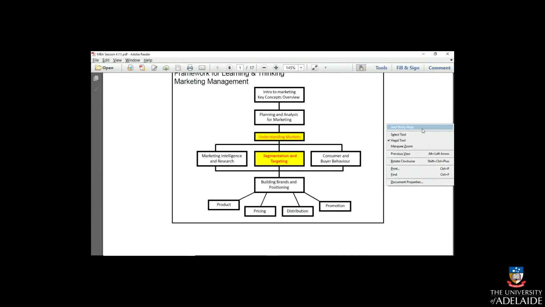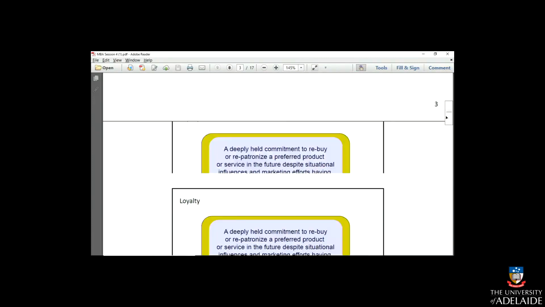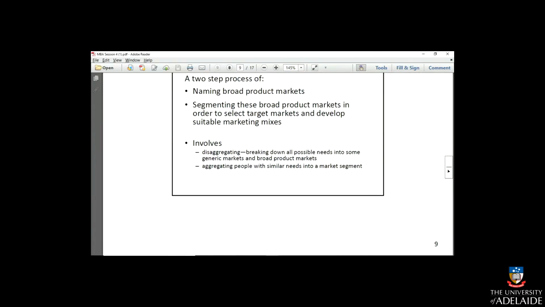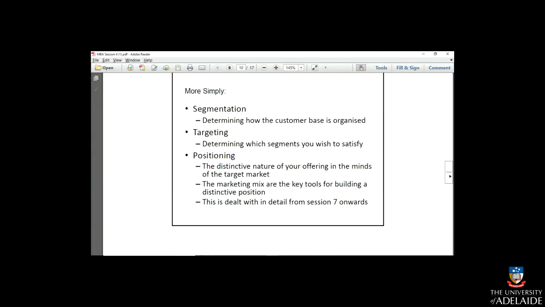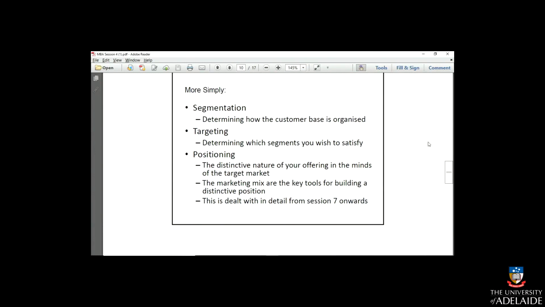Yeah, I'd raced through here. This is probably where it becomes practical.